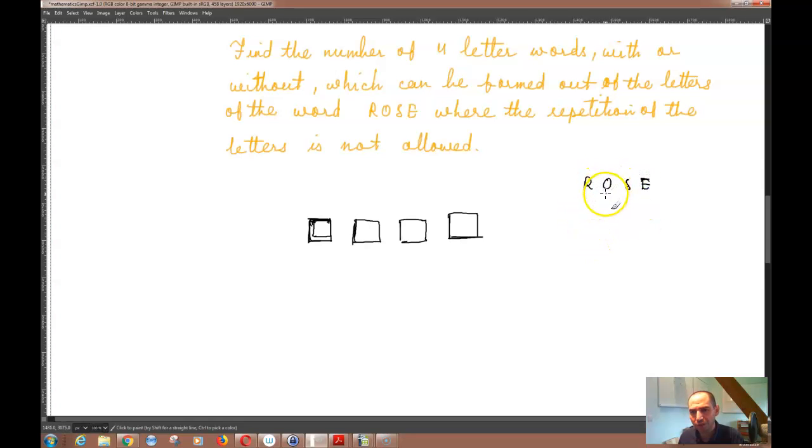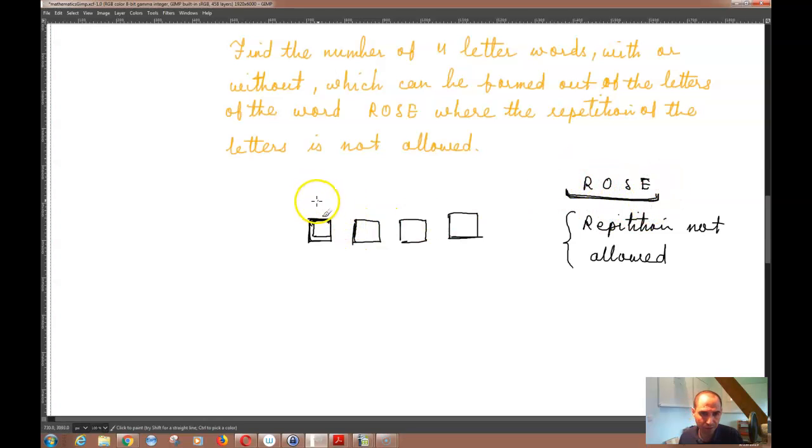When we say that repetition is not allowed, what that means is that for the first slot to fill, you have all 4 letters to choose from.